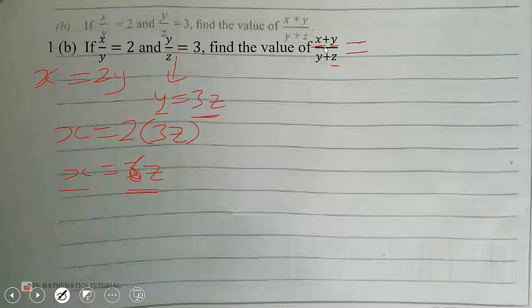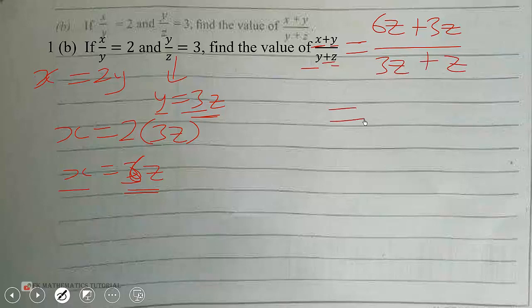So x is 6z. So 6z plus y is 3z over y, which is 3z again, plus z.